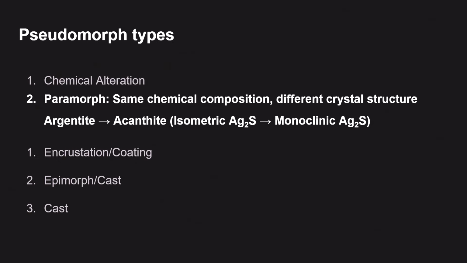The second type of pseudomorph I'm going to talk about is a paramorph. So this is where the pseudomorph has the same chemical composition, but the crystal lattice is different. And a good example of this is argentite, which forms at very high temperatures, but as soon as the temperature drops below approximately 350 degrees Fahrenheit, argentite, which is isometric silver sulfide, transforms to acanthite, which is monoclinic silver sulfide.